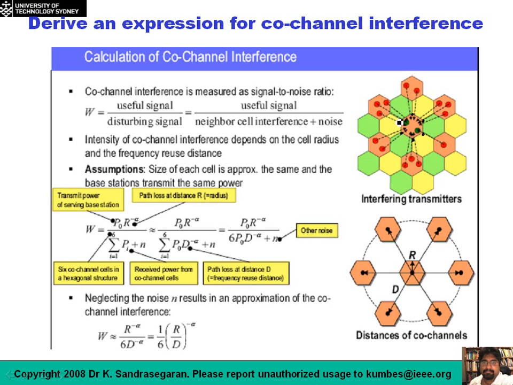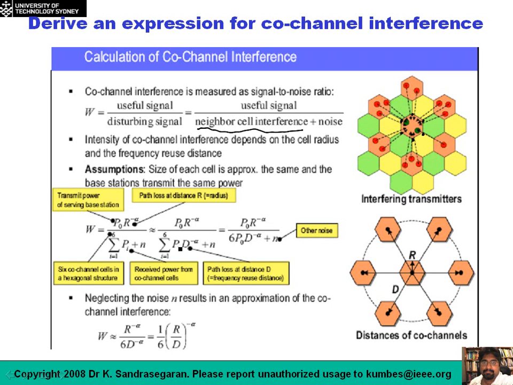Now in this particular case, the interference will be made up of two things: neighborhood cell interference and noise. To work out the neighborhood cell interference term, we have 6 neighbors, and this is where the 6 comes in here in this equation.